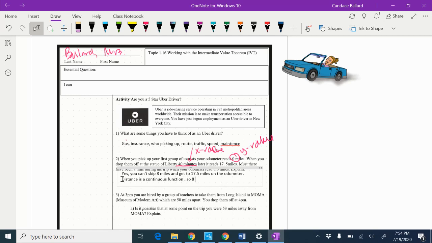So 8 is guaranteed on the odometer between 0 and 17.5 miles.